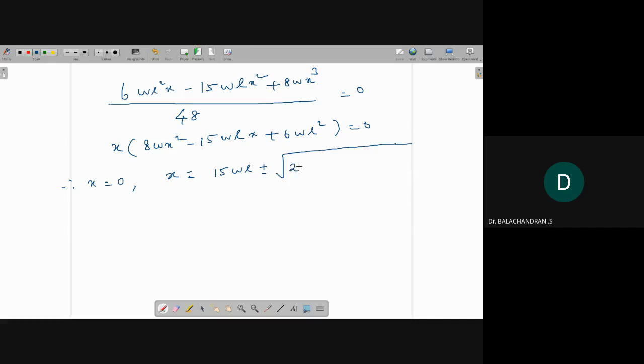B square is 15 square is 225 omega square L square minus 4 AC. Okay, 4 into 8 into 6, 32 into 6. So 32, correct, 4 AC. Okay.